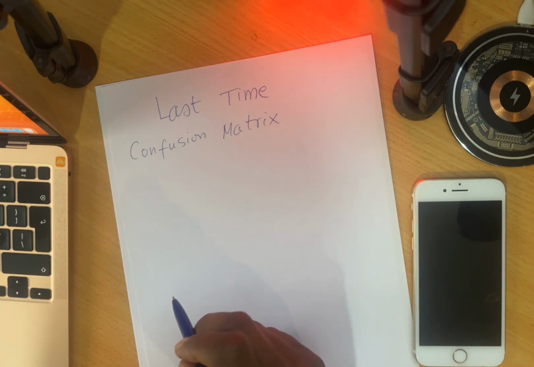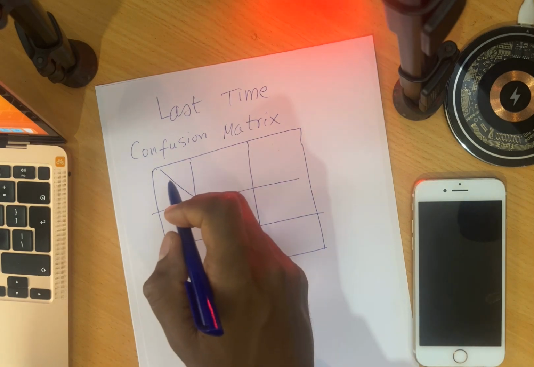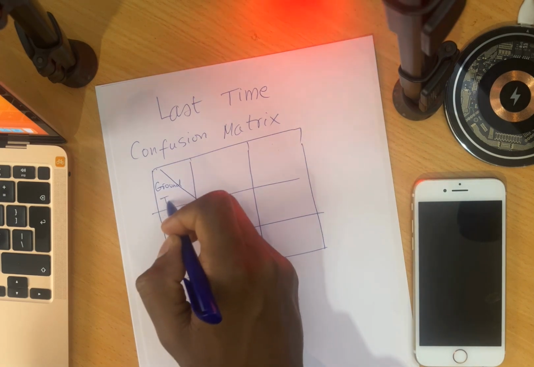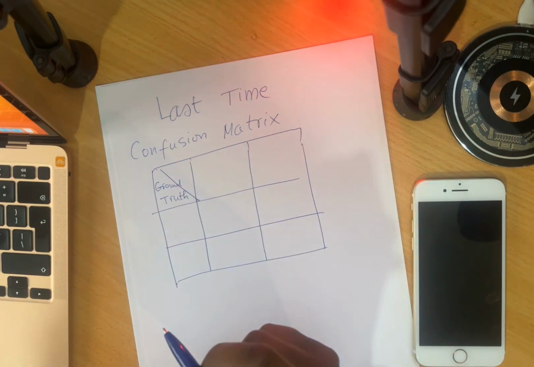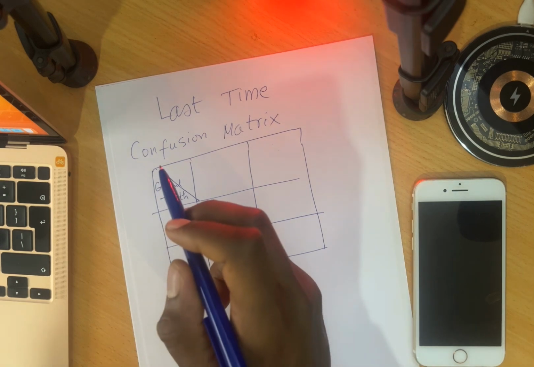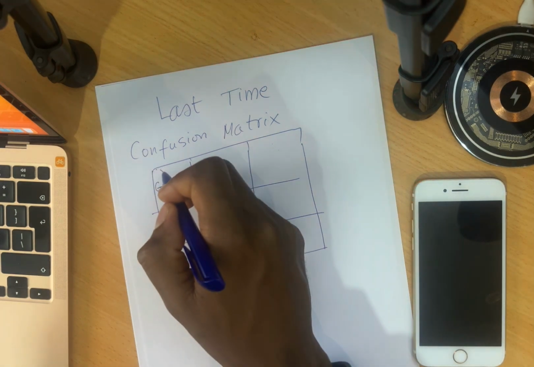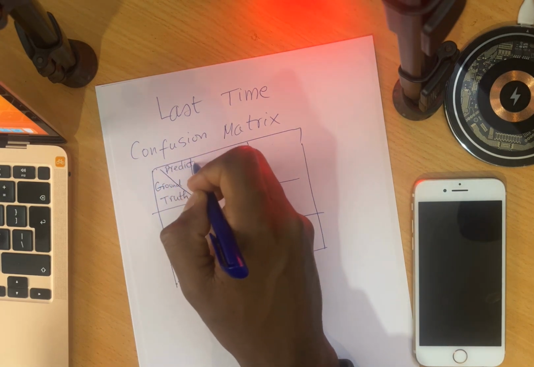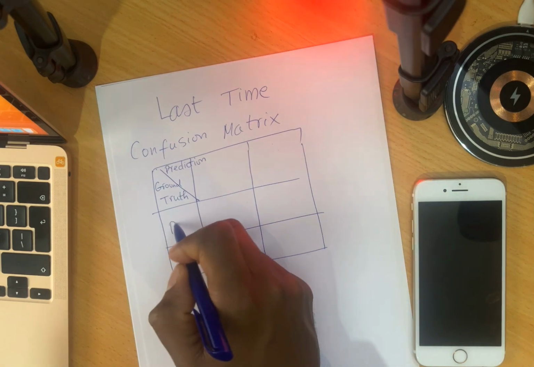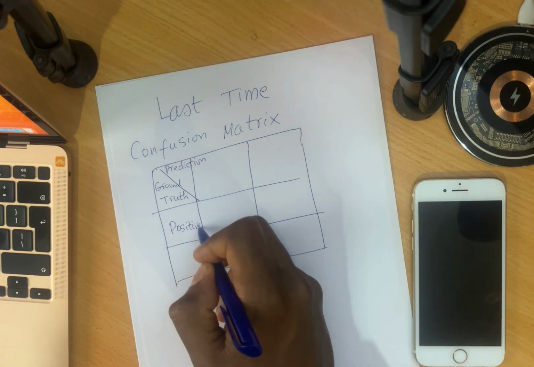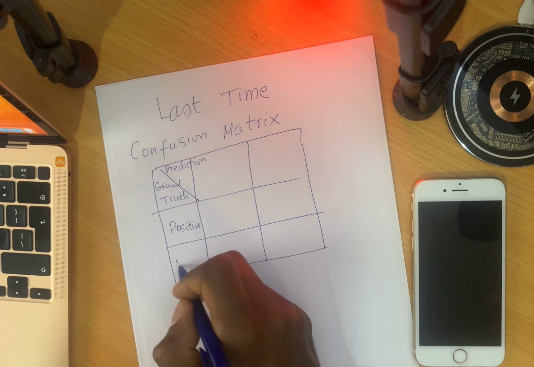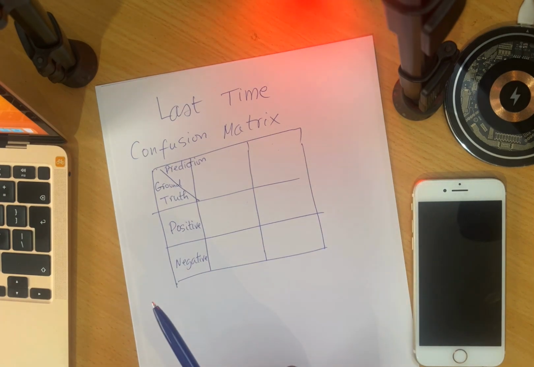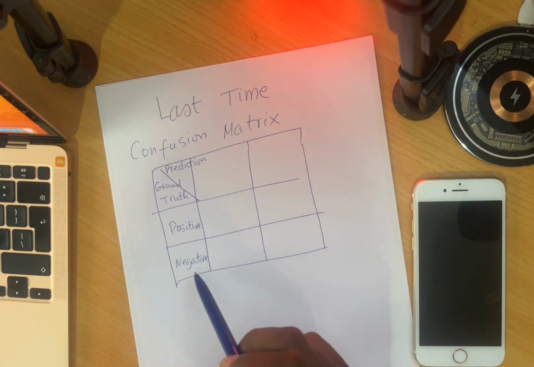In the confusion matrix, the ground truth is compared to the prediction of a model. This is the ground truth.